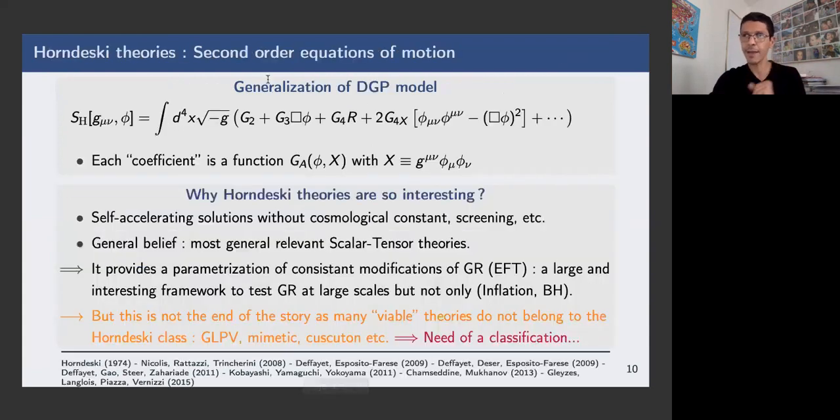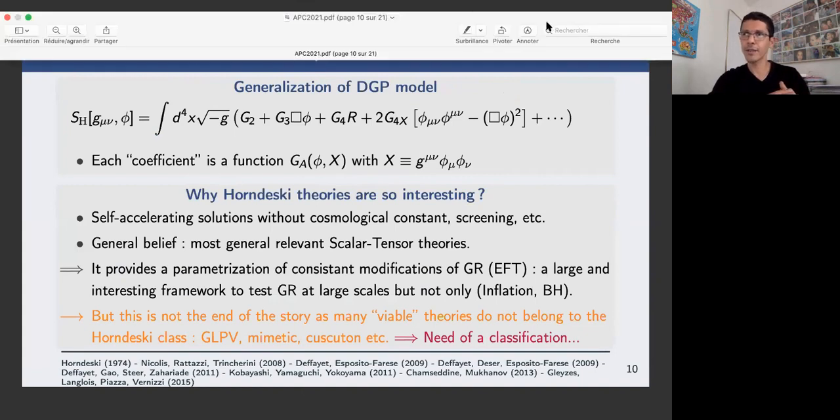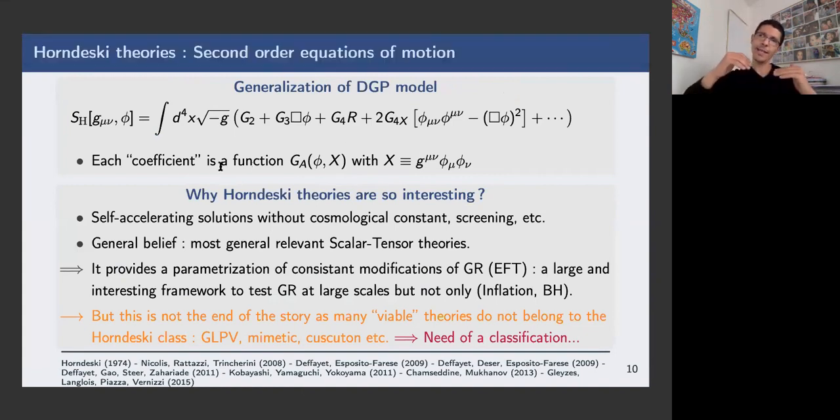And then after that, people started to generalize the construction, and they wanted to see if it was possible to extend the construction of DGP, and this is possible. This led to the rediscovery of Horndeski theories.